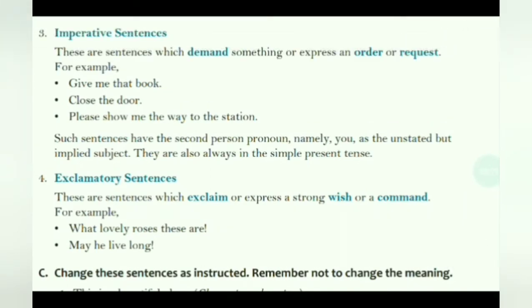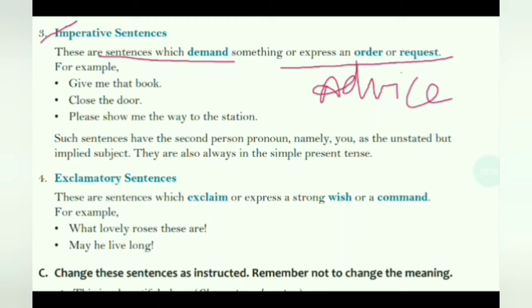Next kind of sentence is the imperative sentence. Imperative sentences are used to express any request, any advice, or any command. Here we can see that these are sentences which demand something or express an order or request, and advise as well.